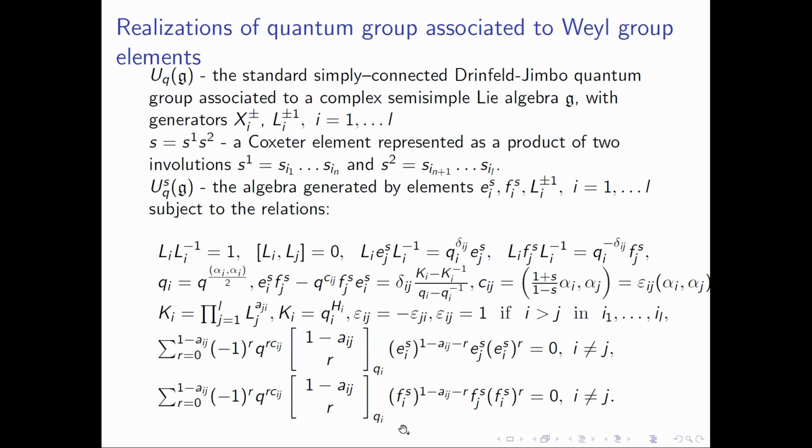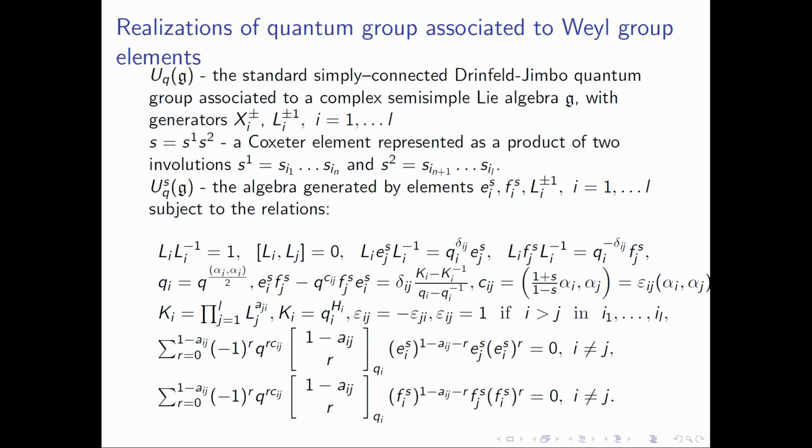In the quantum group case, these binomial coefficients are replaced with Gaussian q-binomial coefficients. These are defined using the usual formulas where all integers are replaced with q-integers. I can also remind you the definition of q-integer, which was given yesterday: [n]_q is (q^n - q^{-n}) over (q - q^{-1}), although in these formulas here, this q_i disappears with already some powers of q.